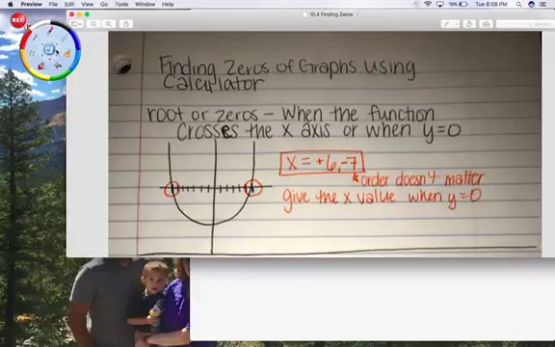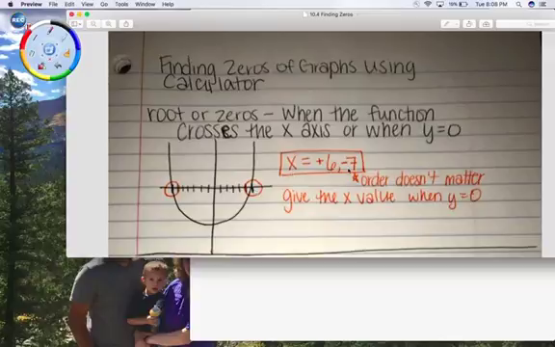If you look, it crosses at -1, -2, -3, -4, -5, -6, -7. So notice that's x equals -7, and then this one is 6: 1, 2, 3, 4, 5, 6. So my x values are 6 and -7.